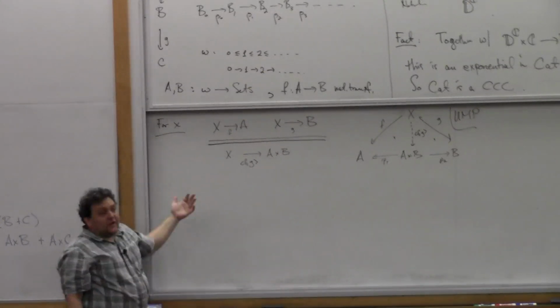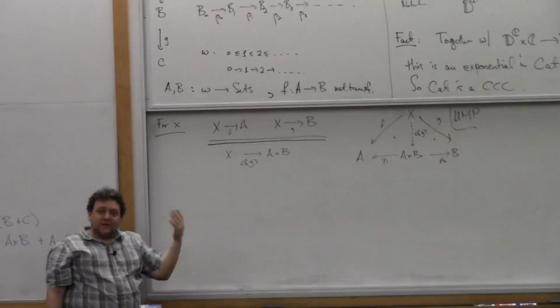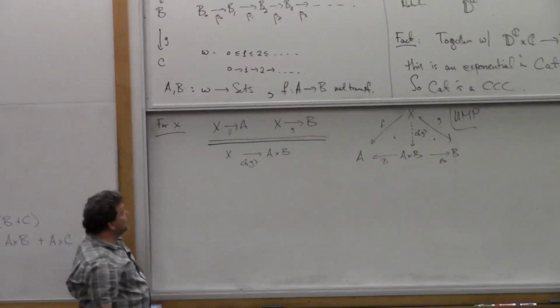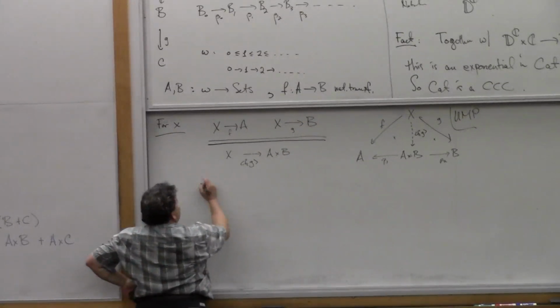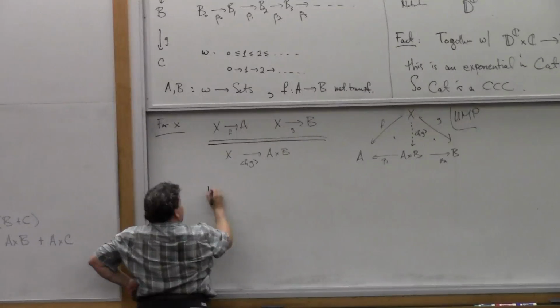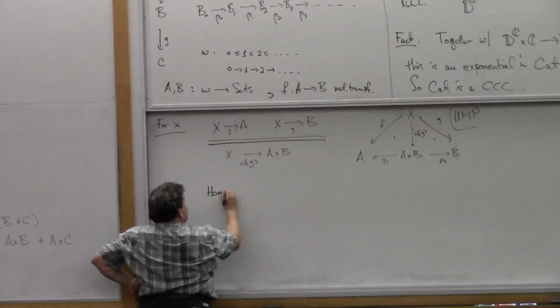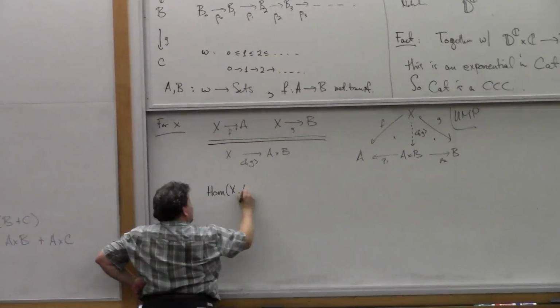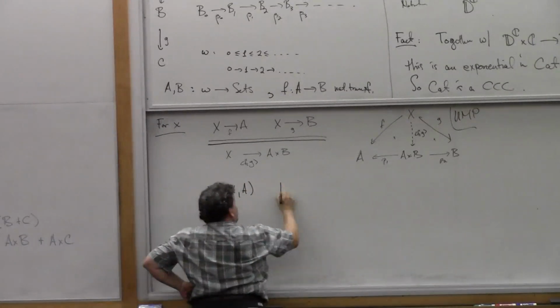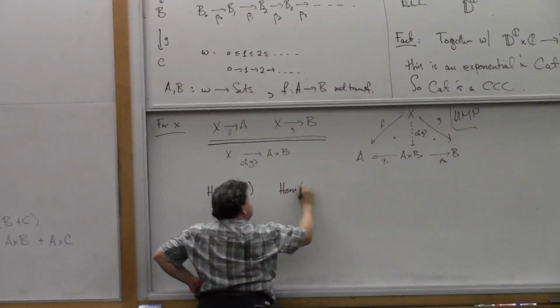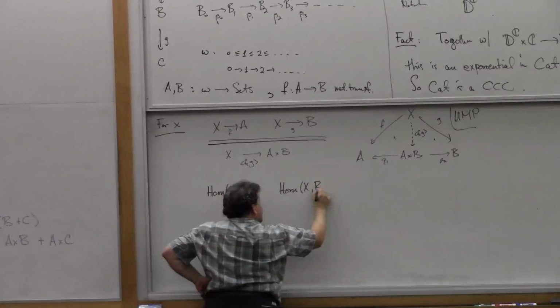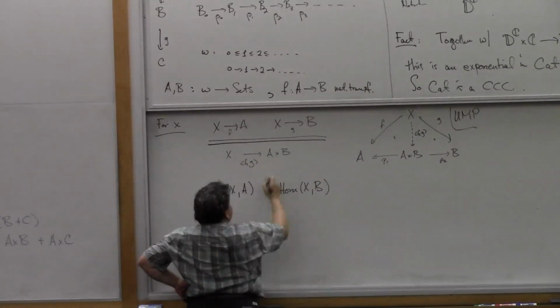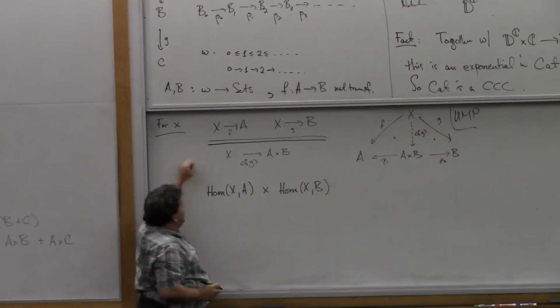Okay, so a third way of expressing this same thing, not to belabor the point, but it's a convenient way of doing it, is this. I look at what's above the line. It's the Hom set, Hom(X,A), Hom(X,B), isn't it? Well, and it's pairs, so it's that. That's what's above the line.